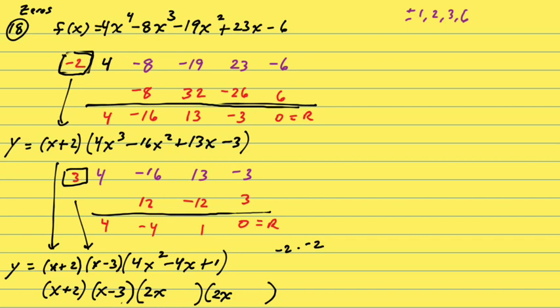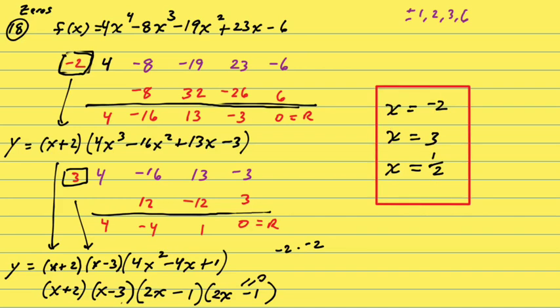Negative 2 times negative 2. So the answer should be x equals negative 2, x equals 3, and when you make this equal 0 here, it should give you x equals 1/2. That one involves synthetic twice to get it down to where you could solve it.